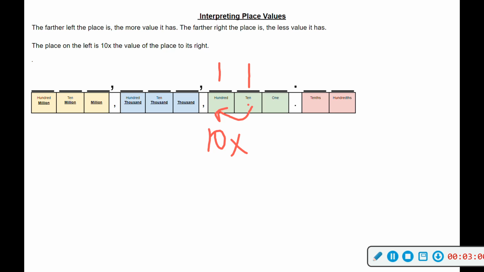Take, for example, if I had 100 and then I write the number 10 just below it, this would be 10 times greater than the 10 that I have.